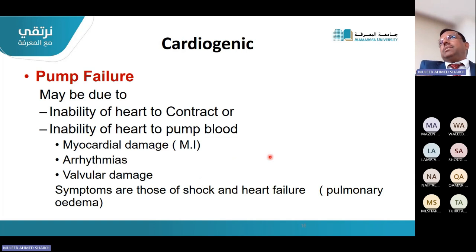All these things will be seen based on the type of shock. If it is myocardial infarction, you will see ECG changes. If it is arrhythmia, also ECG changes will be seen. For valvular damage, you have to see the changes on ultrasound, or the 2D echocardiograph. So all this will be evident from that.